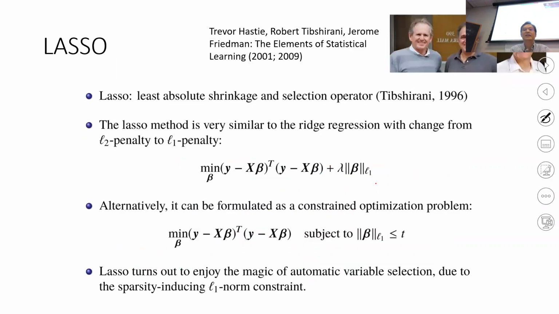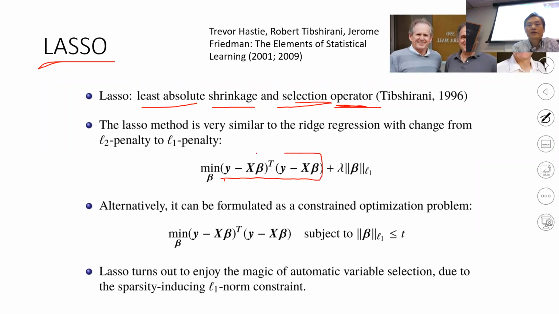Not a very elegant idea, but well, these are three Stanford professors. They just came up with this Lasso idea. It stands for least absolute shrinkage and selection operator. It's a name from 1996.